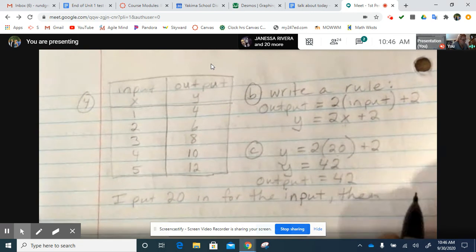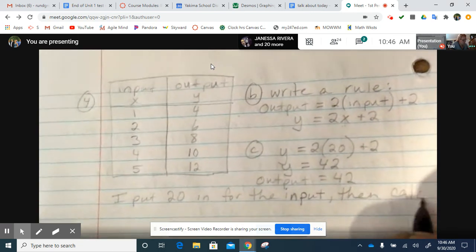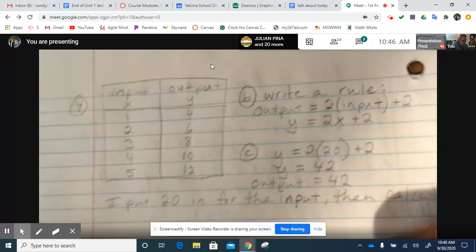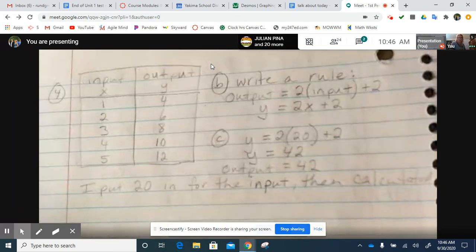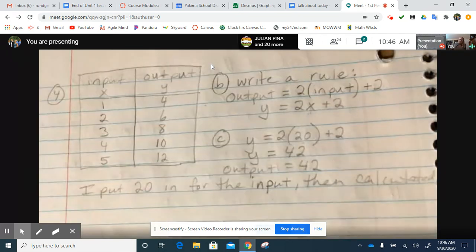Then calculated. I put 20 in for the input and then calculated.